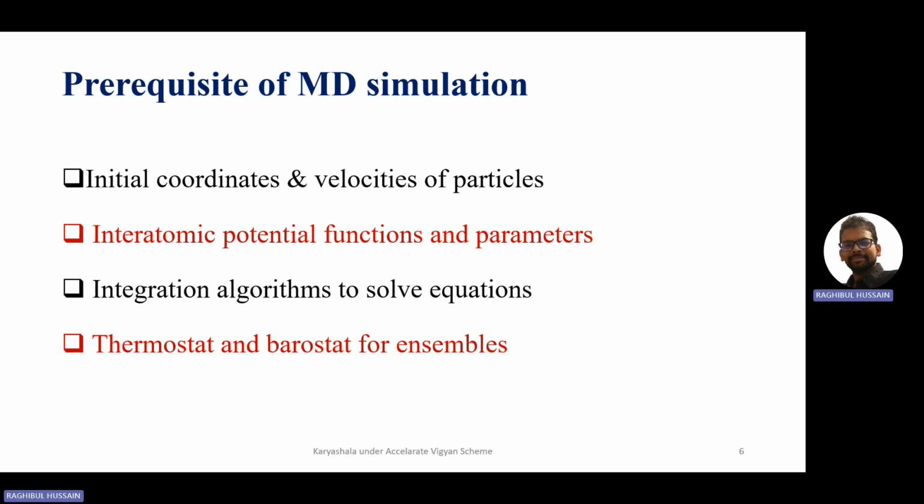So again, now I discuss the thermostat and barostat for ensembles. What do you do when you perform an experiment, let's say doing a reaction? You are doing some kinetics experiment, and it creates heat. Let me rephrase the question.